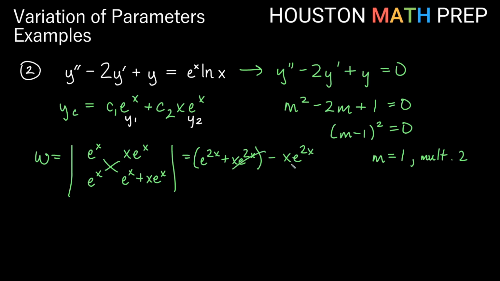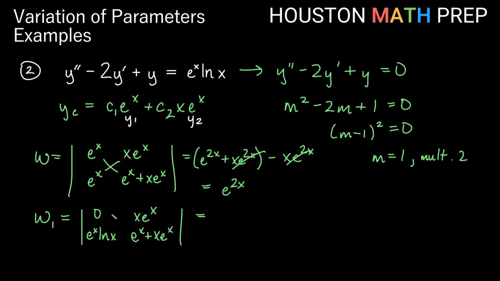So if we go ahead and reduce those terms to 0, then we get our w is e to the 2x. Remember, our w1 is next. That's where we simply replace the first column with 0 and our right-hand side. So we'll have 0 and e to the x ln x. Our second column for w1 stays the same. So x e to the x and e to the x plus x e to the x.